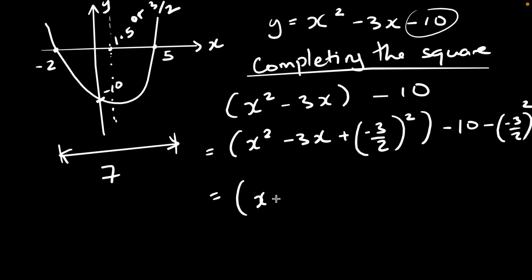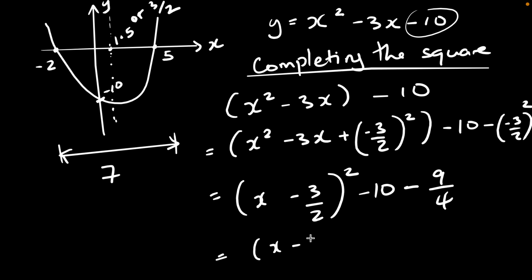And so this becomes just x minus 3/2 all squared minus 10 minus 3/2 all squared, which is minus 3 times minus 3, which is 9, 2 times 2, which is 4, and we're almost there, right? I could look at this as -40/4 minus 9/4, and we're almost there.